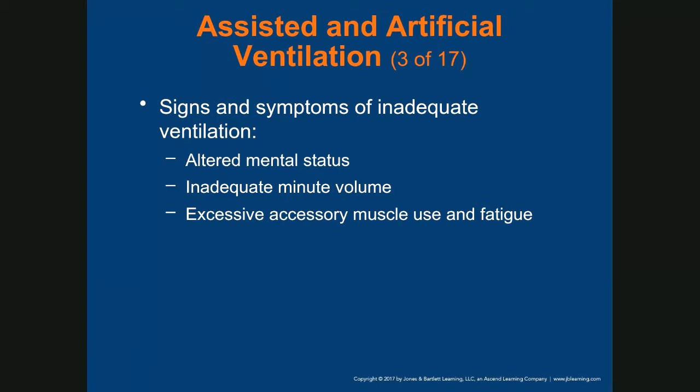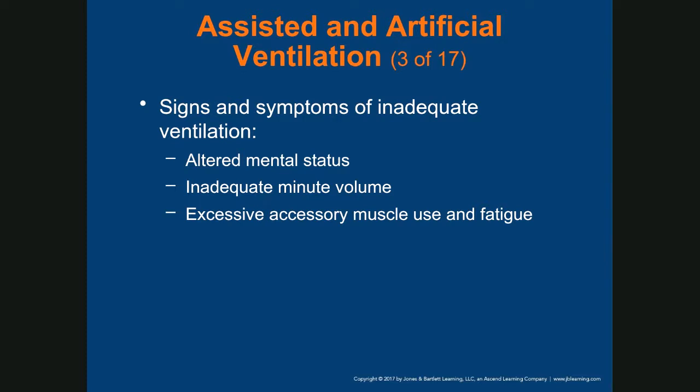Now, signs and symptoms of inadequate ventilation: altered mental status, inadequate minute volume, excessive accessory muscle use, and fatigue. I don't get that fancy, right? So what I will tell you is what you will use to determine if you need to breathe for your patient. Does the patient have an altered mental status? Does the breathing rate suggest that the patient is compensating or decompensating? Can you see visible chest rise bilaterally?